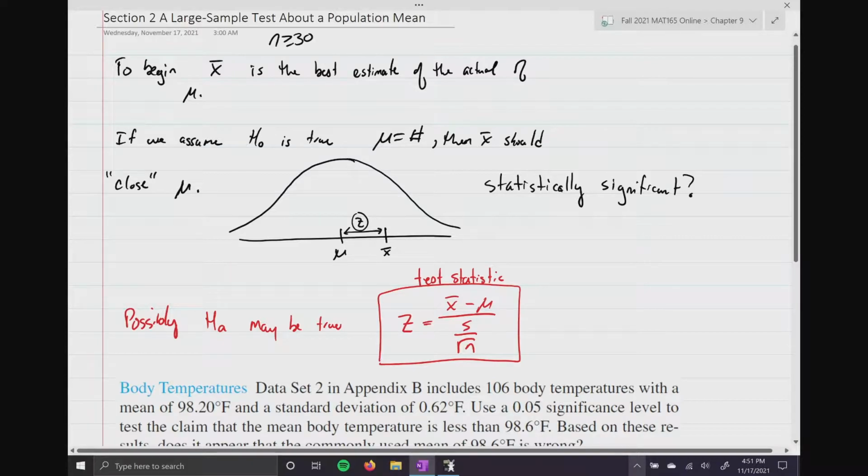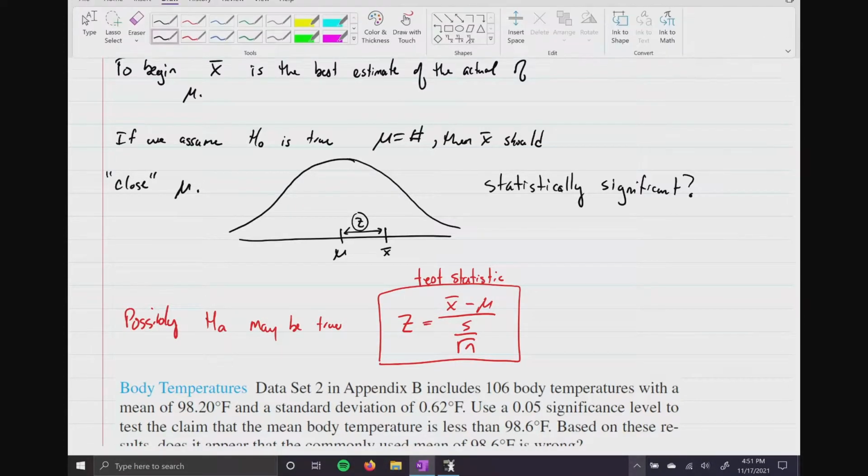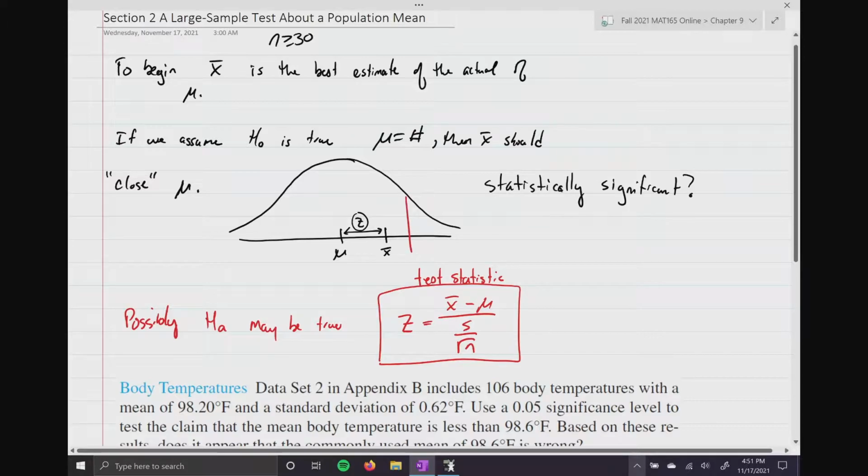Now, in order for us to do that, we have what we call a test statistic. And the idea behind this is, let's say, I'm going to draw something right here, I'm going to draw it in red for us. So in the previous lecture video, we learned the differences between the critical region and the non-critical region.